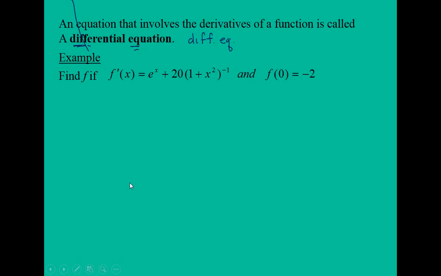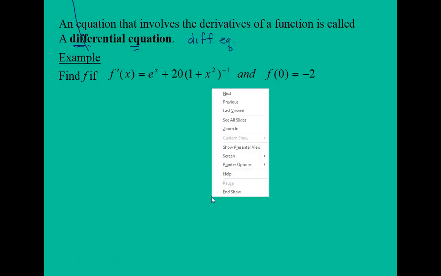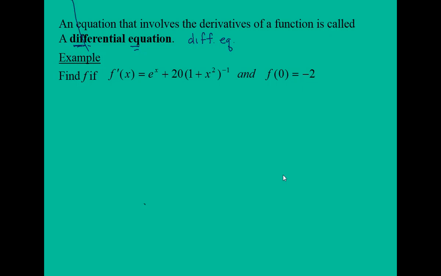Now that's going to help us solve for that constant of integration, because remember, when we find the solution or an antiderivative, we get a constant of integration. If we have what's called an initial condition, we're able to find that constant of integration.